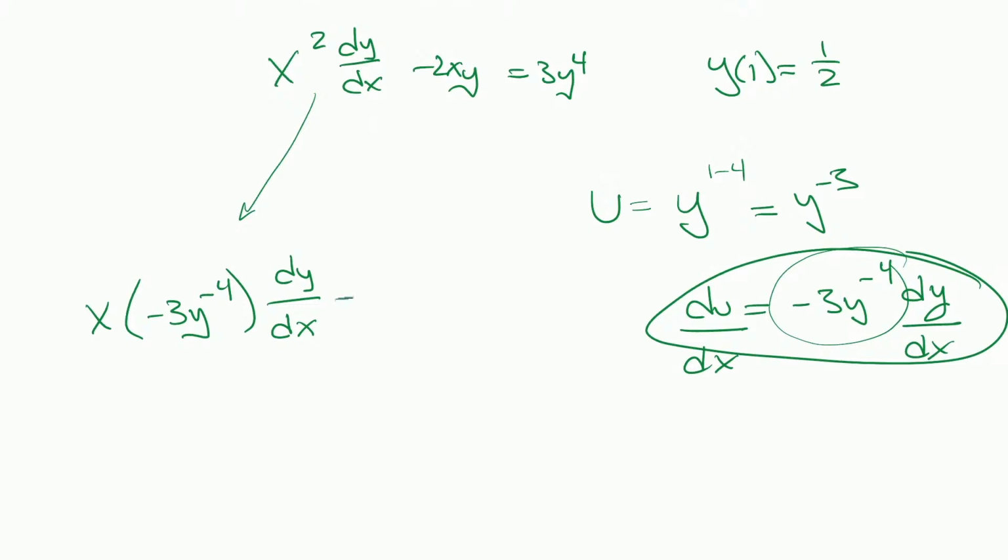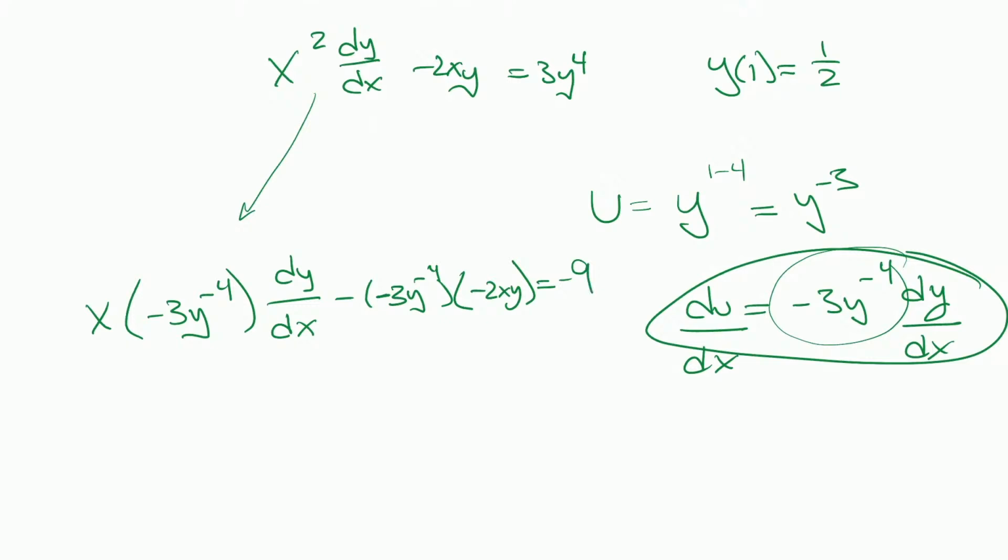So this is going to be minus negative 3y to the negative fourth times negative 2xy. Let's clean that up. And that equals negative 3y to the negative fourth times 3y to the fourth, which is going to be just negative 9. Doesn't that work out that way?